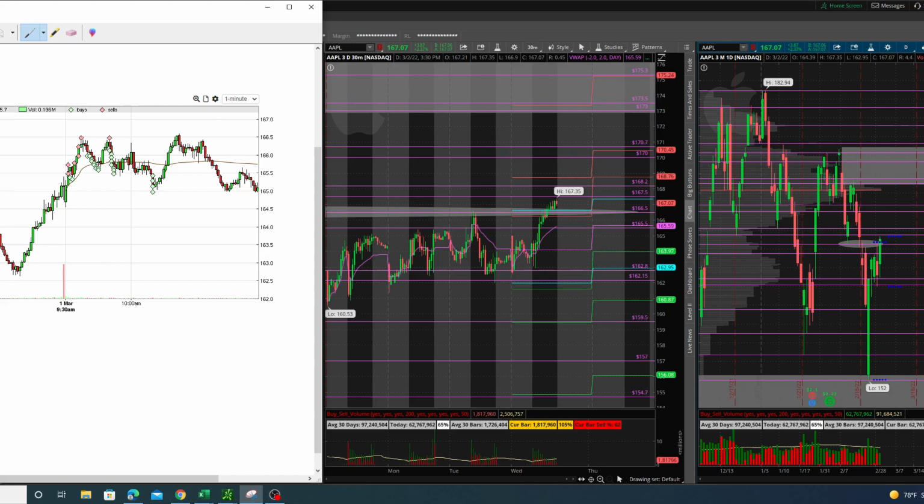So I believe at this point high of day was 166.51, and then as you can see we make a move off of 165, push up over 166.50, and then immediately get a downward move. The reason for that is if you are a short trader, more than likely you have your stops. Just one second, I'm going to pause for 1 second.